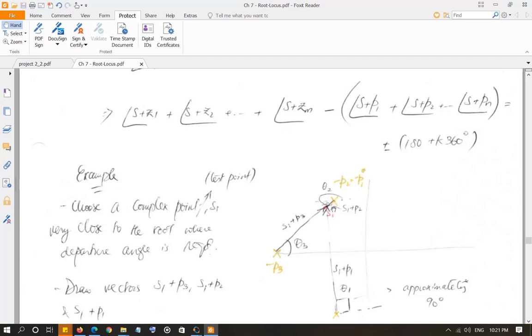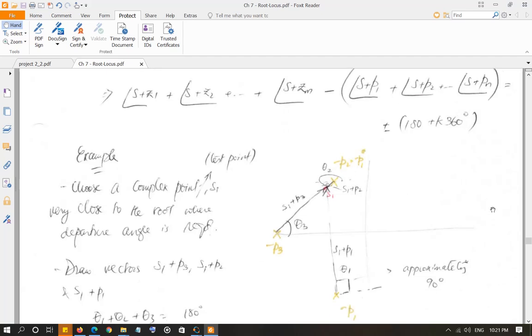And the angle to s1 from the pole under consideration, I'm calling theta 2. So now you have how many angles? You have theta 1 from this pole, theta 3 from this pole, and from this pole to the point very close to it, theta 2. And our job is to find theta 2, because that theta 2 is going to tell us the angle of departure of one section of the root locus from this pole.